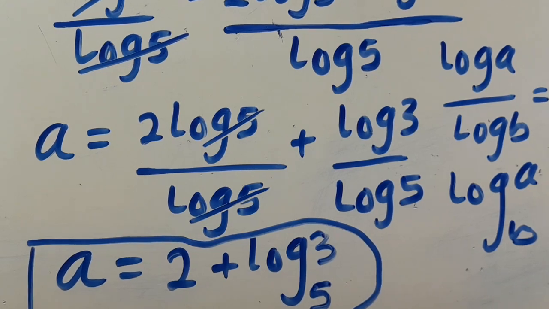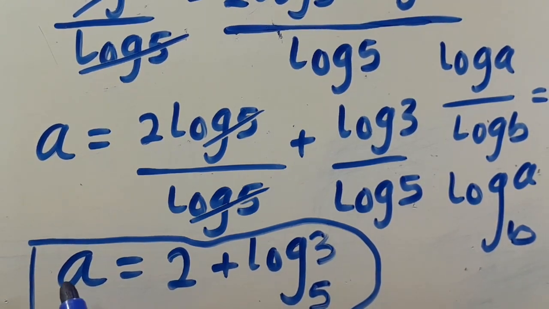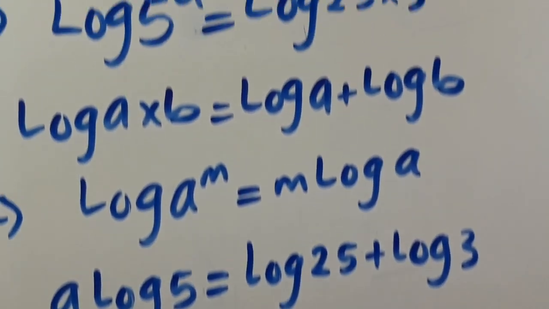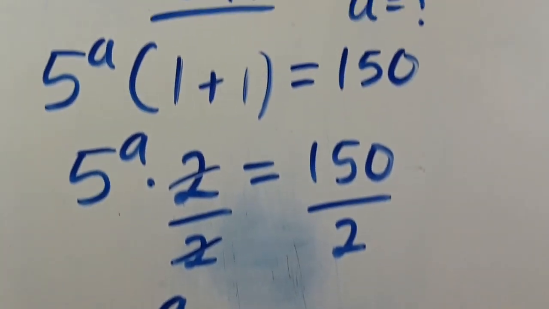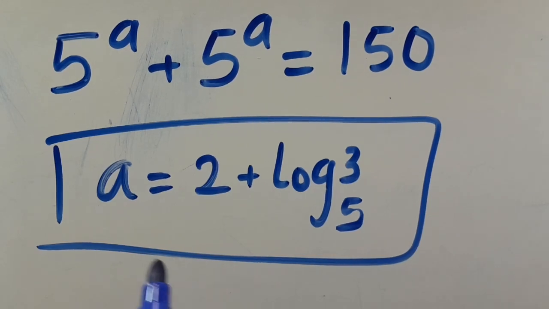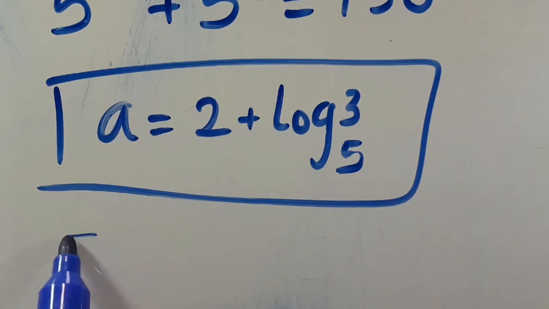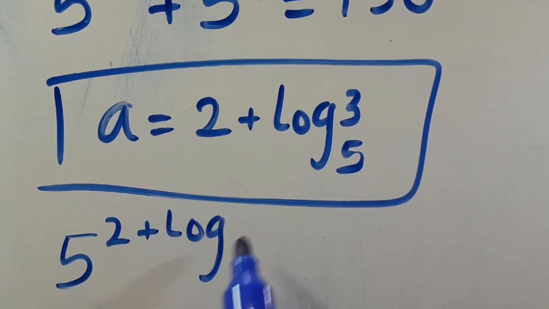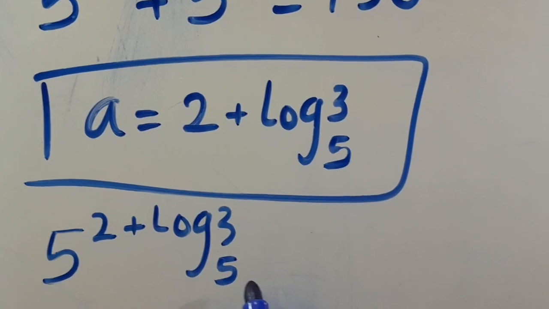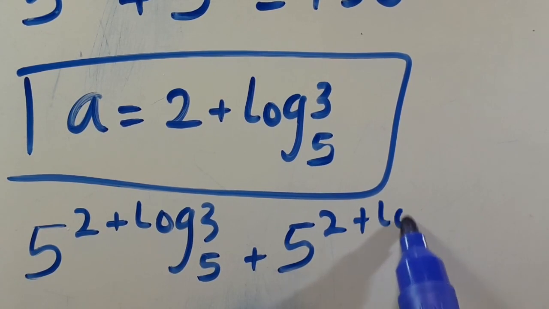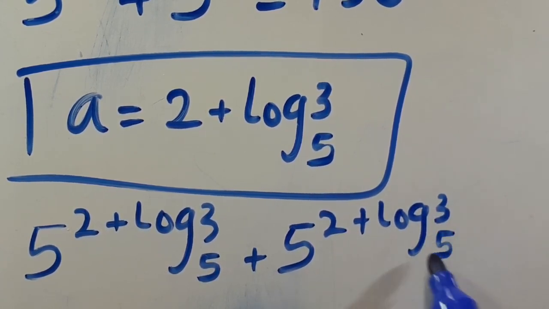Then let's go and verify whether this a equals 2 plus log of 3 in base 5 satisfies the problem given to us. Then let's plug everything here. So we have 5 to the power of, instead of a, 2 plus log 3 in base 5, plus again 5 to the power of 2 plus log 3 in base 5.